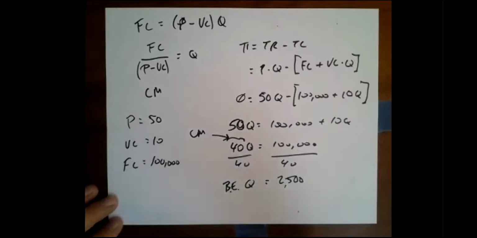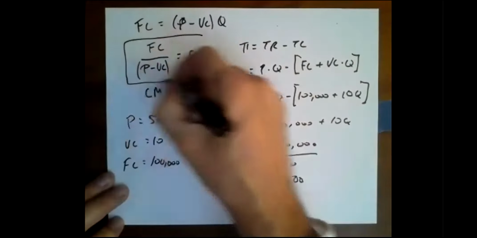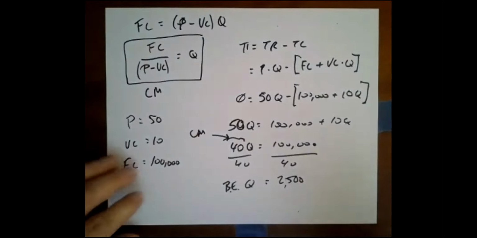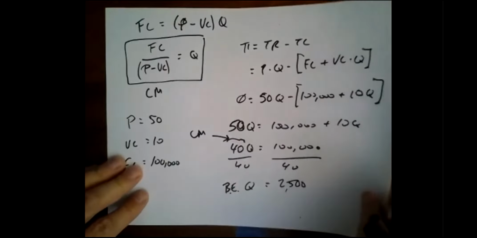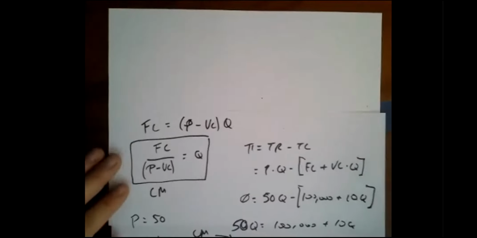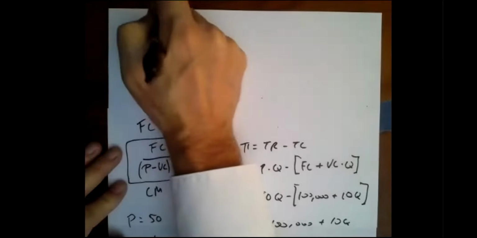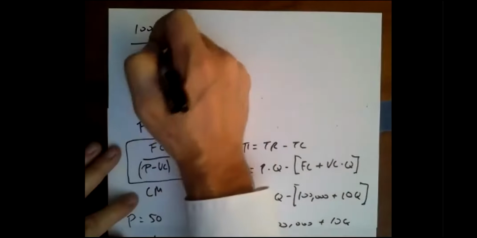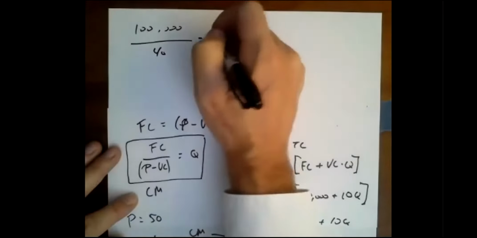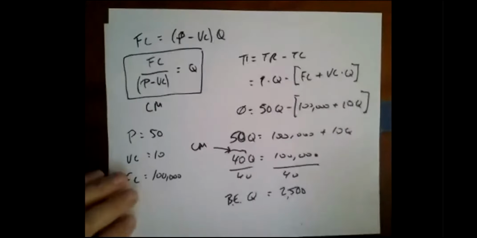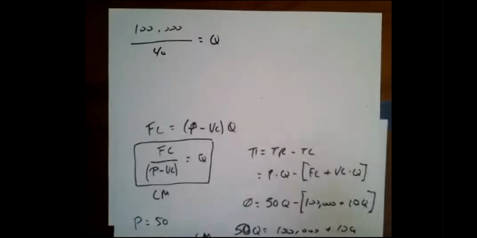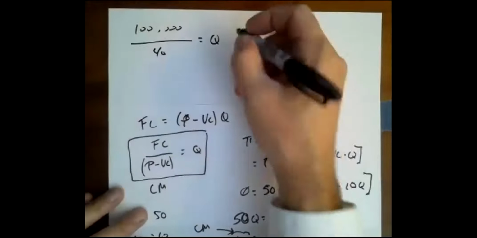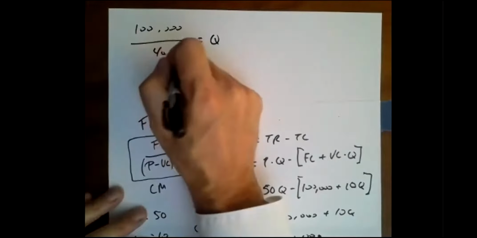Now if I had this idea in mind, I could shortcut that, and I could say 100,000 divided by the contribution margin 40 gives me my quantity, which is basically what I did right here, right? 100,000 divided by 40 gives me my quantity. Quantity then is equal to 2,500.